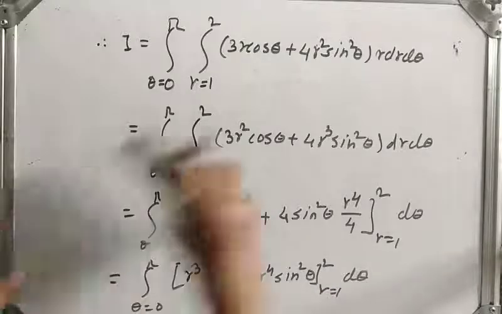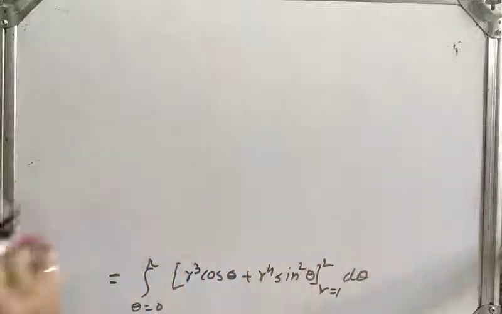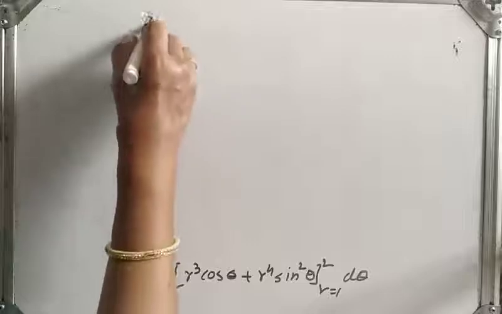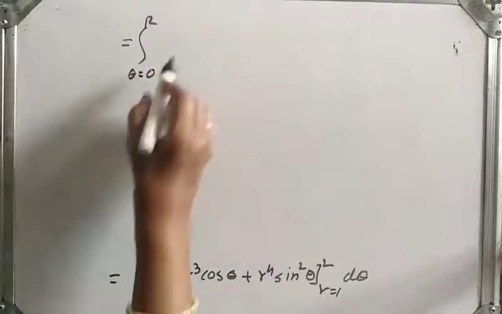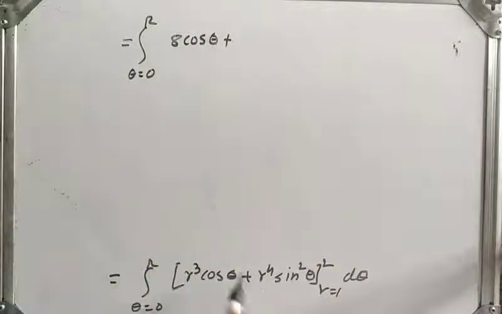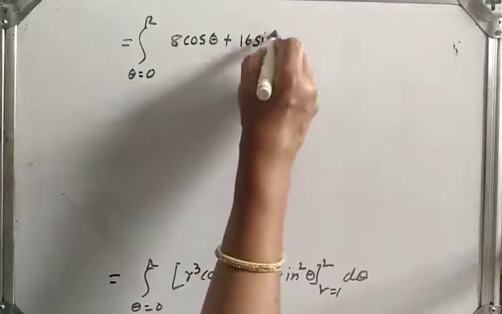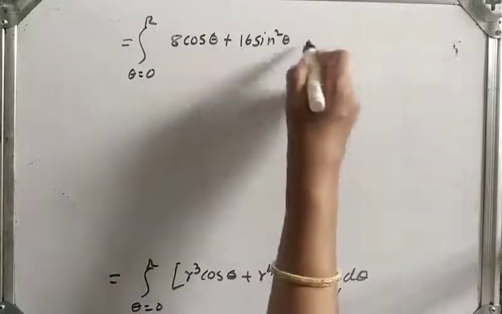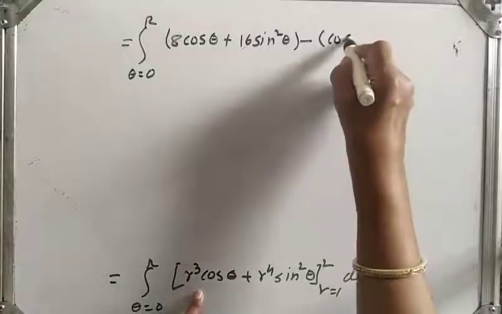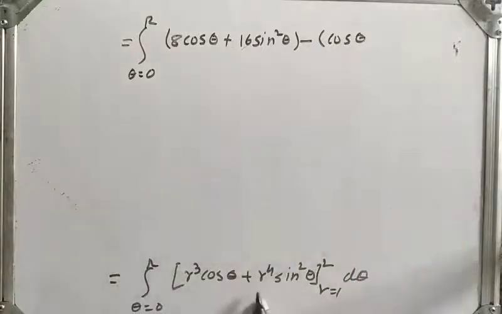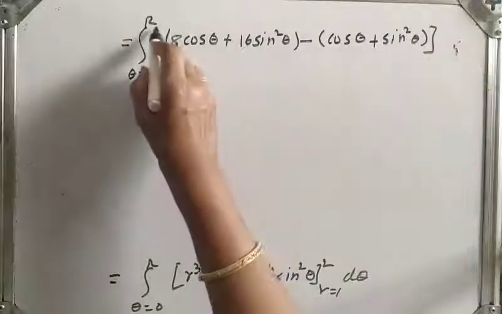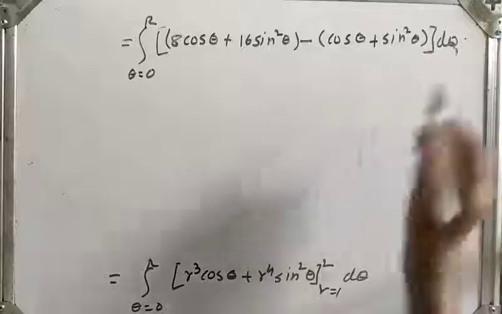Now let us apply limits, which is equal to integration theta is equal to 0 to pi, 8 cos theta plus 2 raised to 4, that is 16 sin square theta, then minus r is equal to 1, so that will be cos theta plus sin square theta d theta.